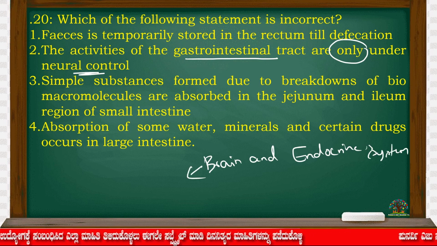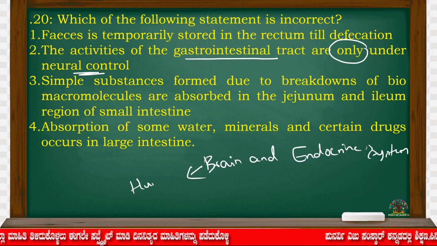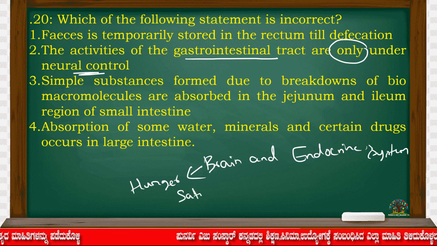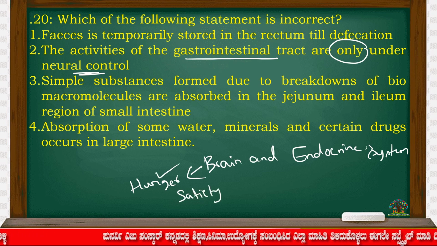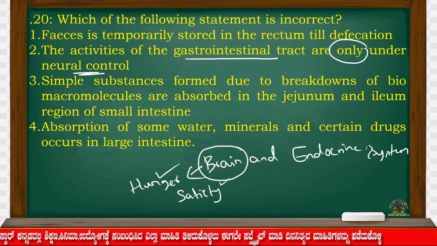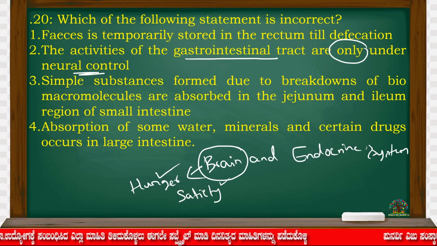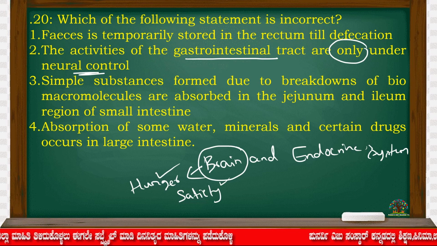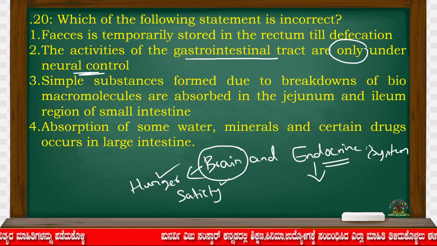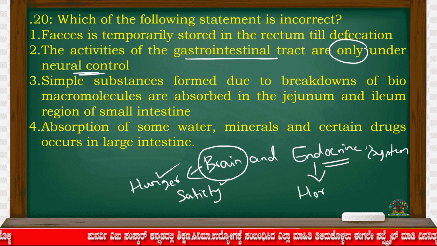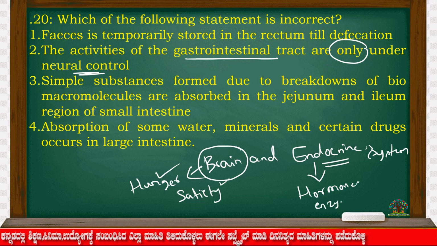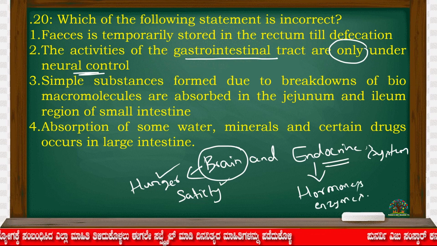Brain helps in creating situations like hunger and satiety, a state of satisfaction and also a state of hunger, created by the brain by the action of the neurons. At the same time, the endocrine system helps in the production of hormones and enzymes.